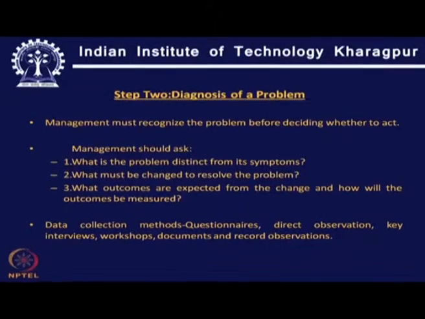Next, after we have done that, the next step is deciding what must be changed in order to resolve the problem. So, why it is occurring and what must be changed, what processes are going wrong, so that the problem can be resolved.